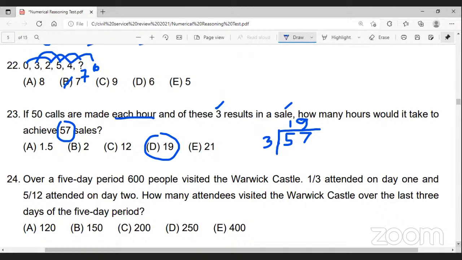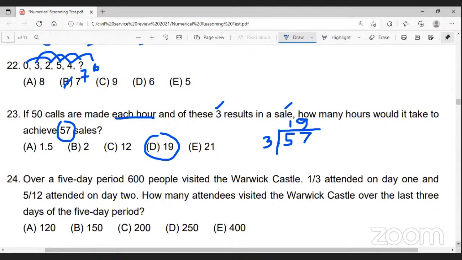24. Over a 5-day period, 600 people visited the castle.